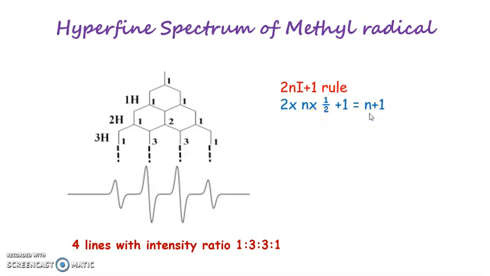So for ESR, we follow the N plus 1 rule. That is, if there are N nuclei with spin half, there will be N plus 1 hyperfine lines. So for the methyl radical, there are 3 protons, hence 4 lines.